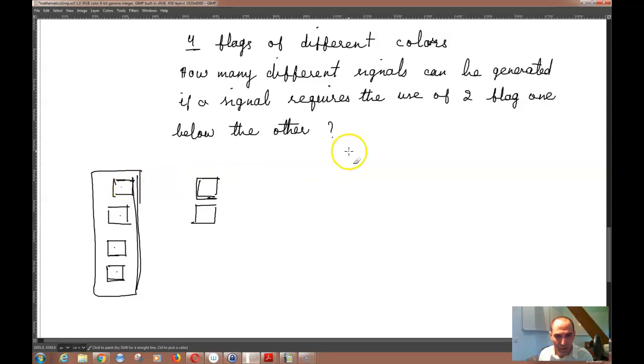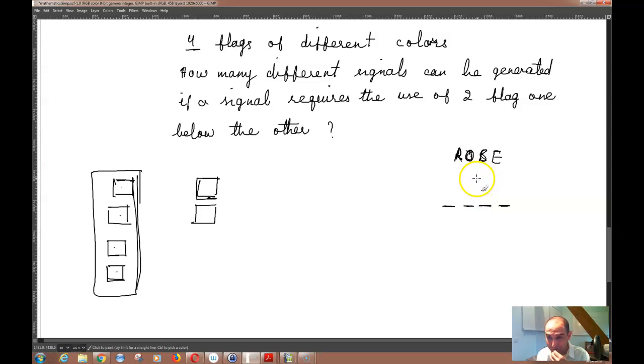So it's again basically the same problem as we had before. We had, for example, the letters ROSE, and using ROSE we wanted to build these words, basically four-letter words.